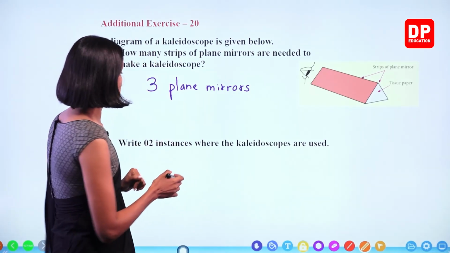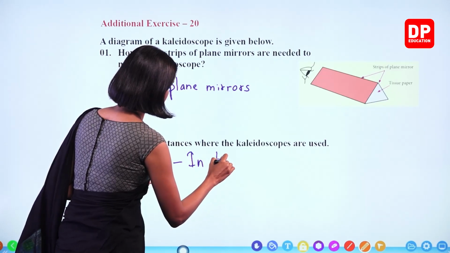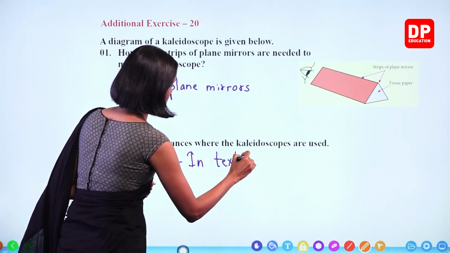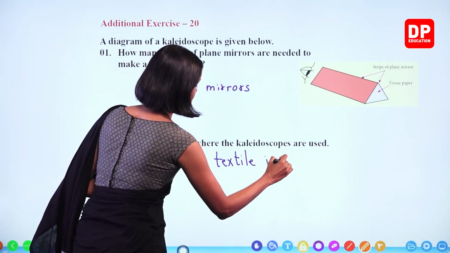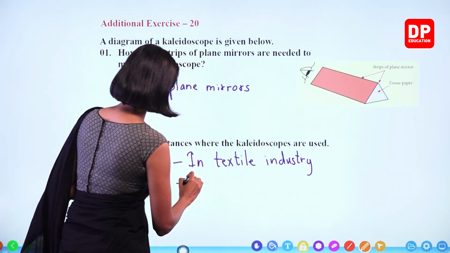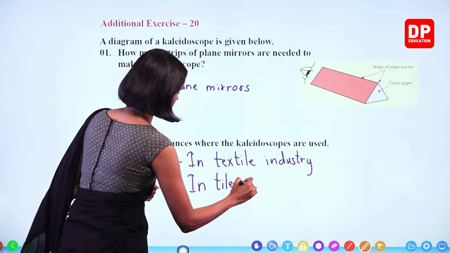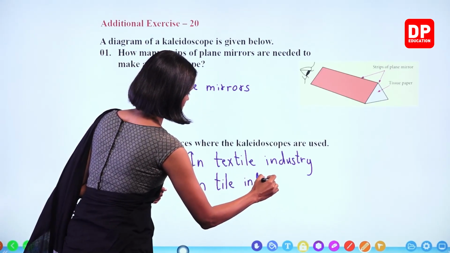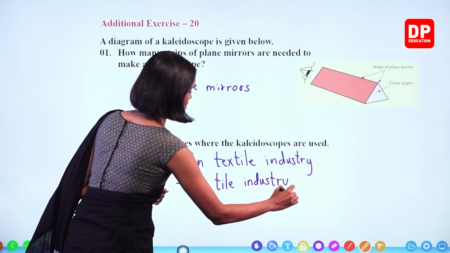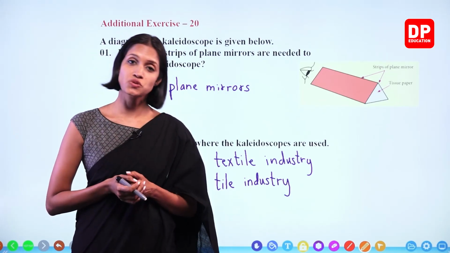So 2 instances: in the textile industry and in the floor tile and wall tile industry as well.